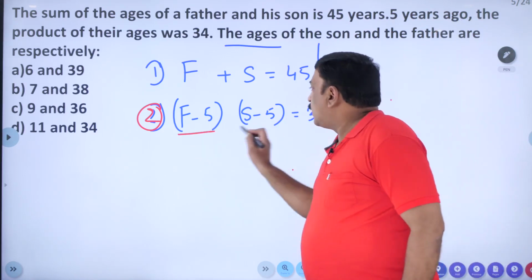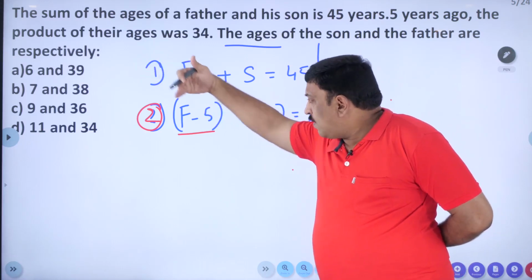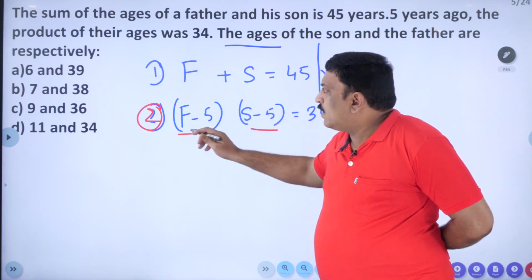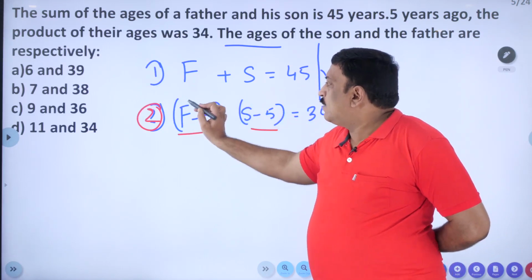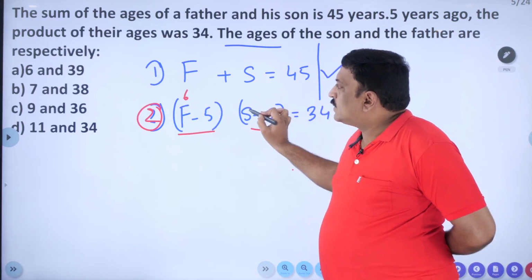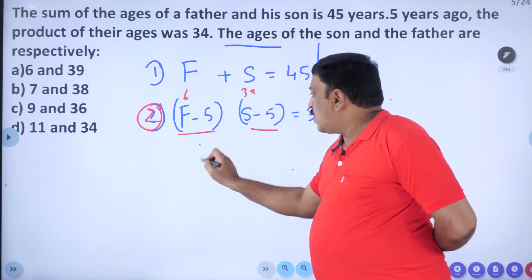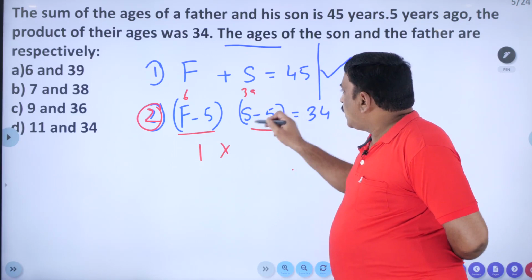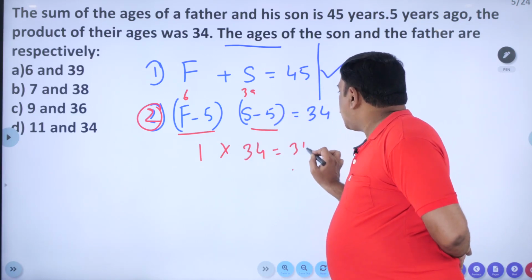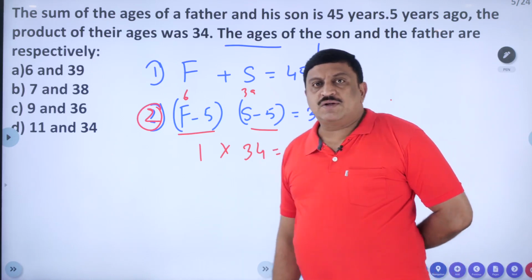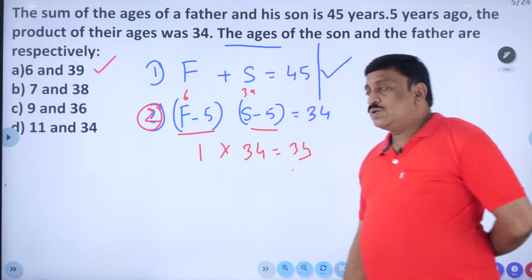We can do it there itself, but we'll bring it here. Suppose the first option is right, then the father will be 6 and the son will be 39. Then 6 minus 5 is 1, and 39 minus 5 is 34. Okay, 1 into 34, yes, we got 34. Luckily we got the answer, so the first option is right.